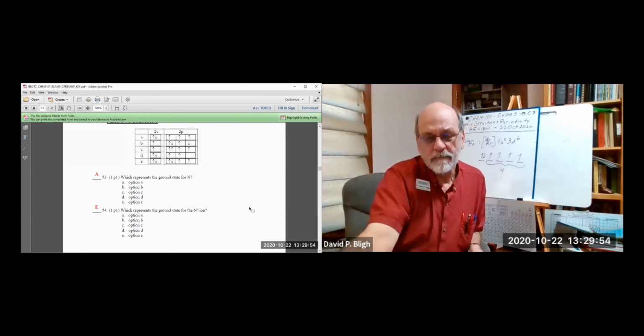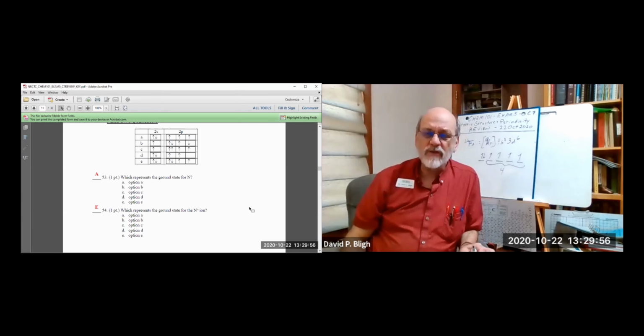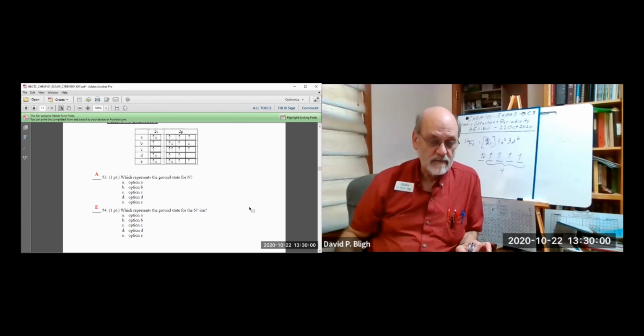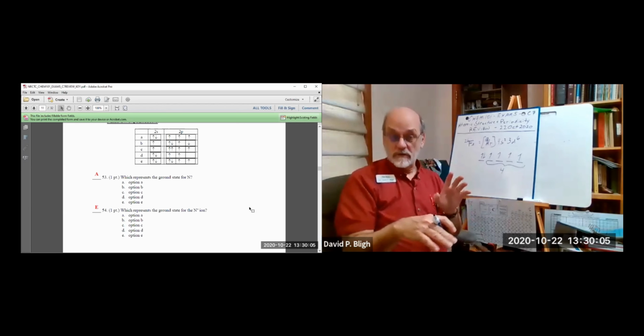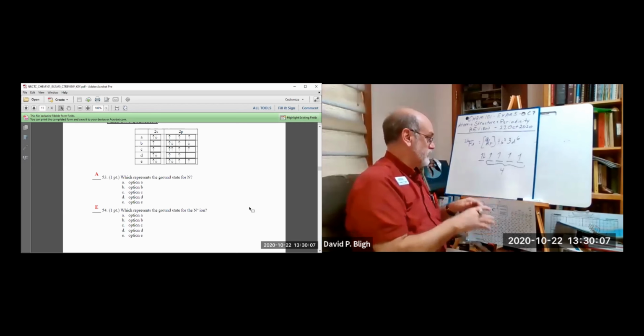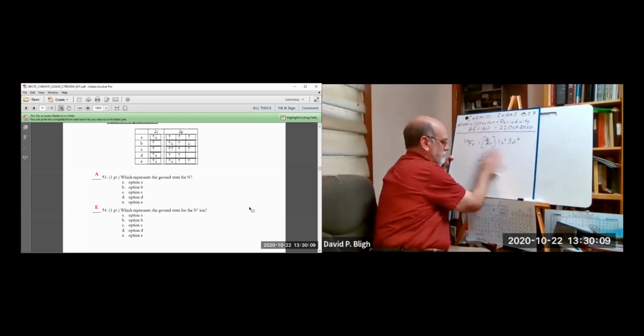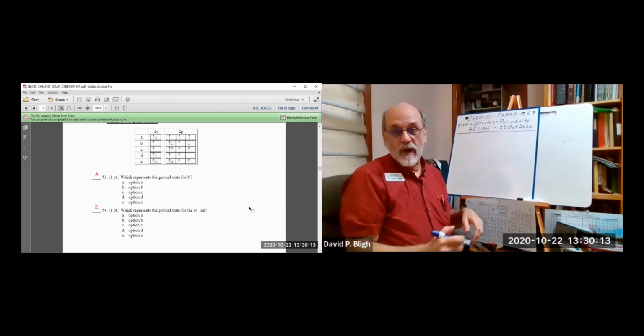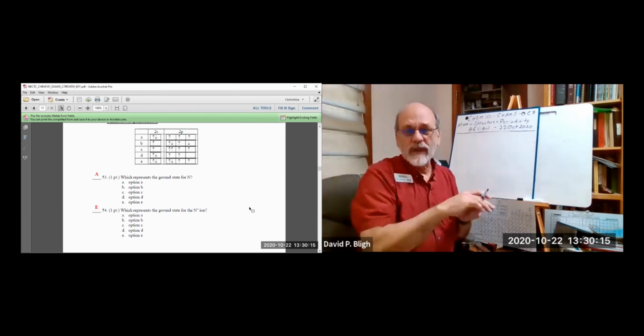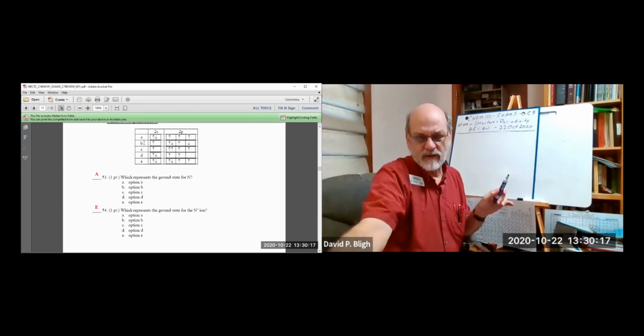So 54 says, which represents the ground state for N-1 ion. So how do you do ions with electron configurations? Well, we know that, and we're only interested here in the second level too.